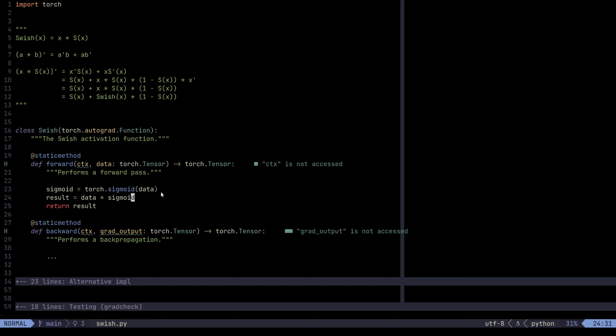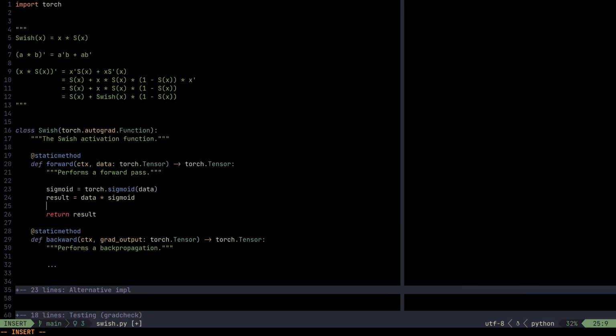But what we also need to do here is store the sigmoid and Swish. We need to do that because we're going to be using them in the backward method, and to avoid extra, unnecessary computations. Because we're computing the sigmoid and the Swish, both of them, in the forward method, we can just store them directly in the forward method without actually recomputing them. So that's going to be a bit of a performance improvement here. We can do save for backward, right?